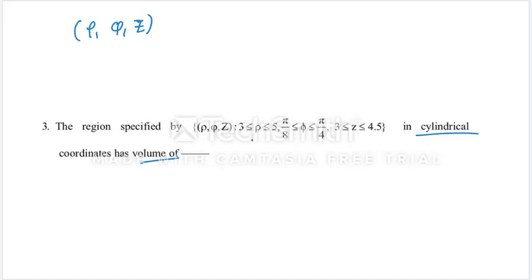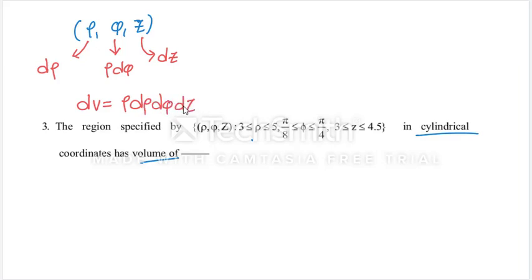Now what is the change in length along the rho direction? The change in length along rho direction is d rho, along phi direction is rho d phi, and along z direction is dz. So what is dv? I can say rho d rho d phi dz.